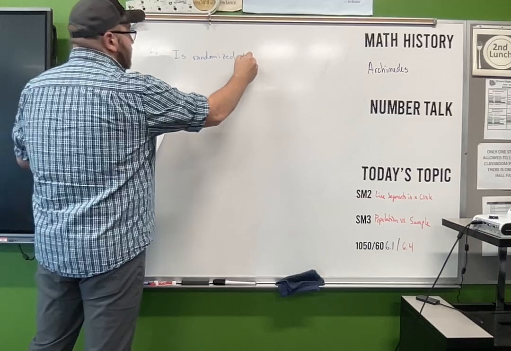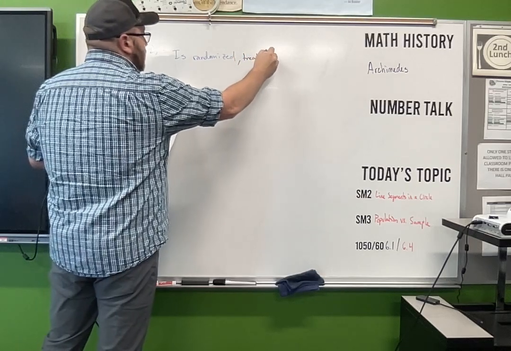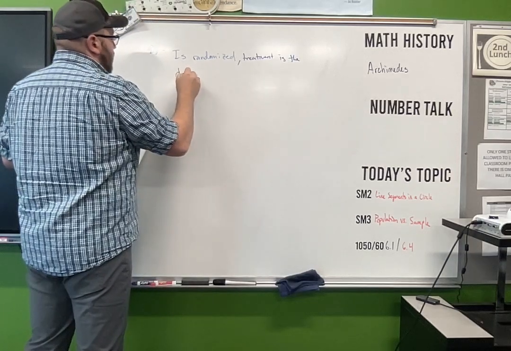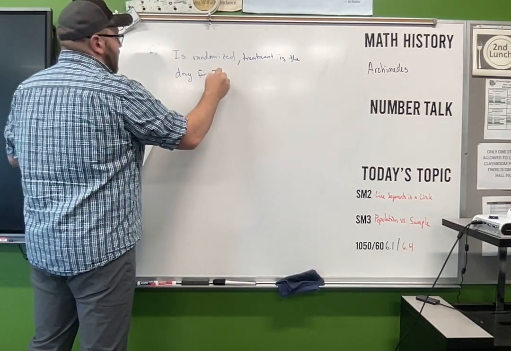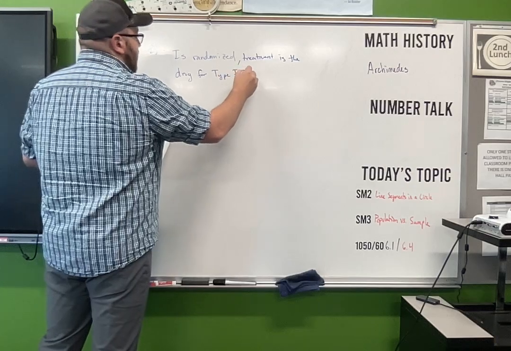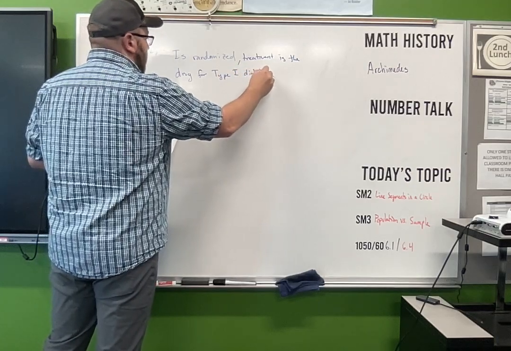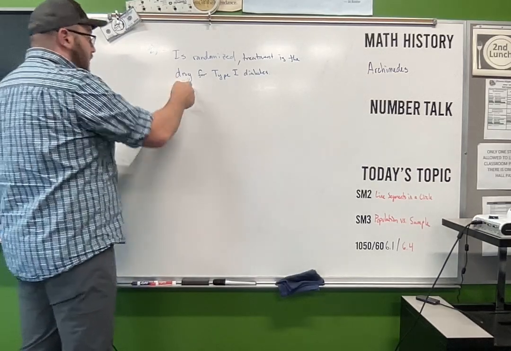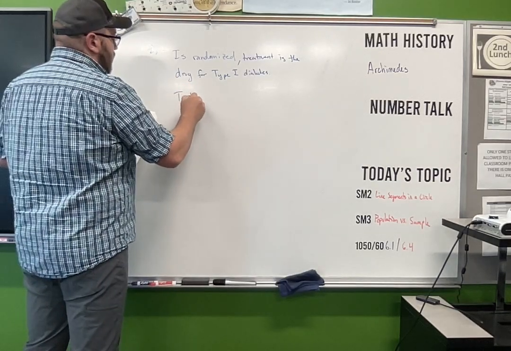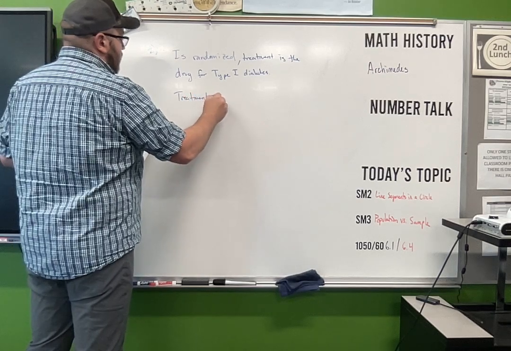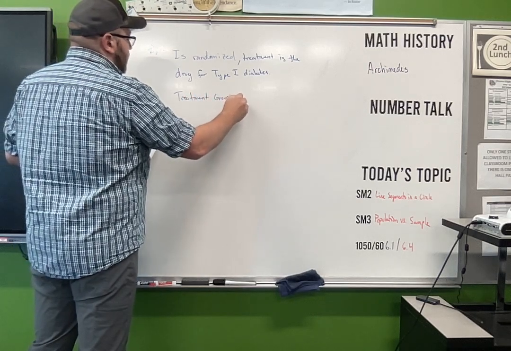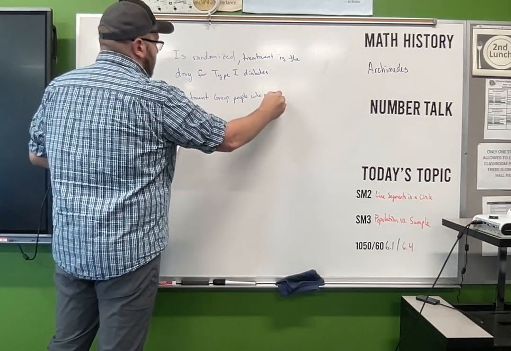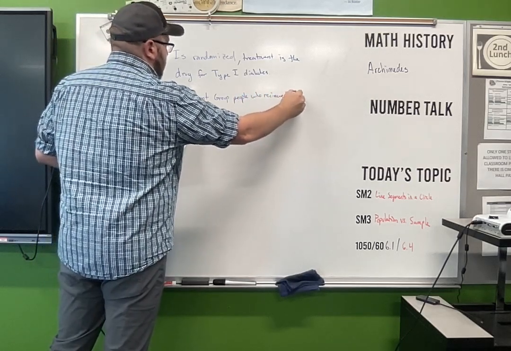So the treatment is the drug for type 1 diabetes. The treatment group are the people who received the drug.